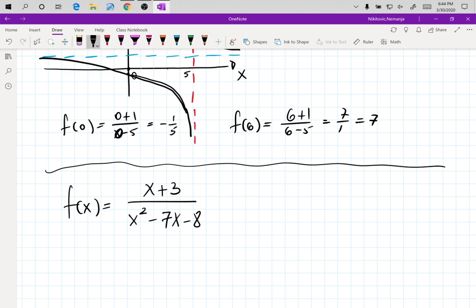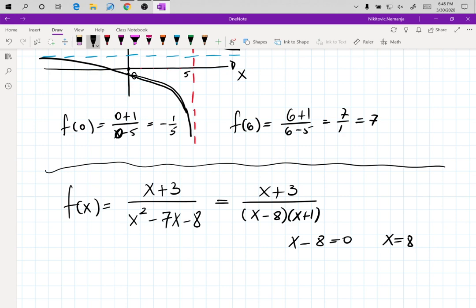All right. If you factor this, you would get x plus 3 over x minus 8 times x plus 1. Now in this case, both will survive. Therefore, when we set them to 0, we get x equals 8 and x equals -1.